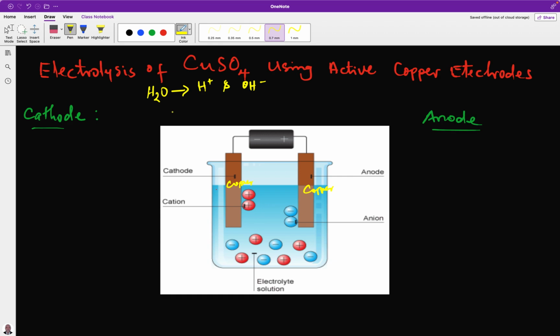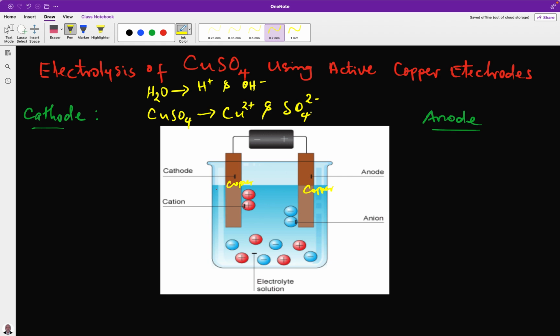And the copper sulfate will give rise to the copper ion and the sulfate ion. That is what is happening there.